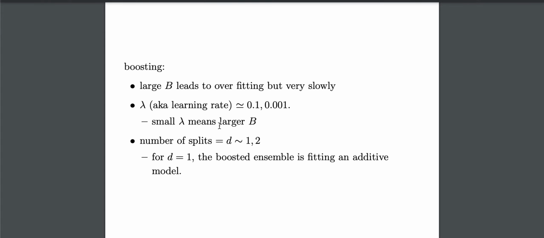Lambda, also known as the learning rate, as I said: the smaller the lambda, the larger the needed B. If lambda is small, the learning is slow, but methods that learn slowly tend to perform better.